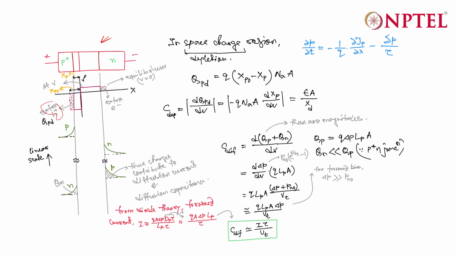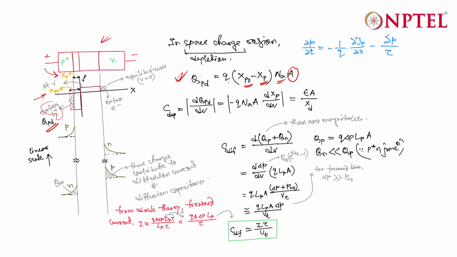So let us take the p side: previously the width was xp0 in equilibrium, now it has reduced to xp, right? So the excess positive charge or extra hole, which is denoted by qpd in this case, can be given by q times (xp0 minus xp) times Na, that is the acceptor ion concentration, times the cross-sectional area A. Now this is your extra hole qpd.